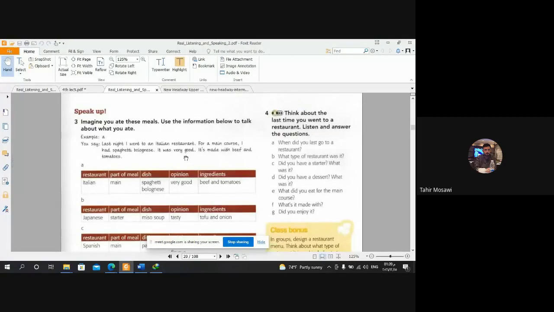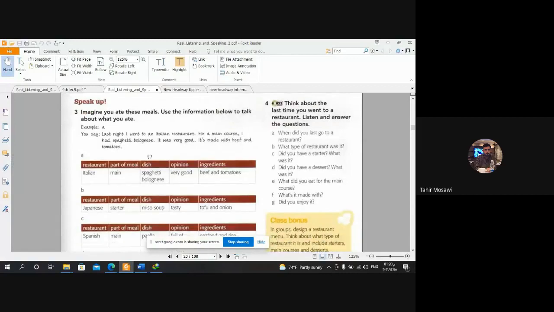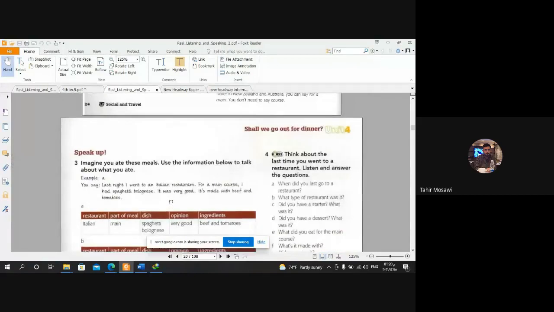Okay, so when he wanted to say the dish's name, he started with saying for a main course, because it's a main course, I had spaghetti bolognese. He then said his own opinion about the food, and then he talked about the ingredients.